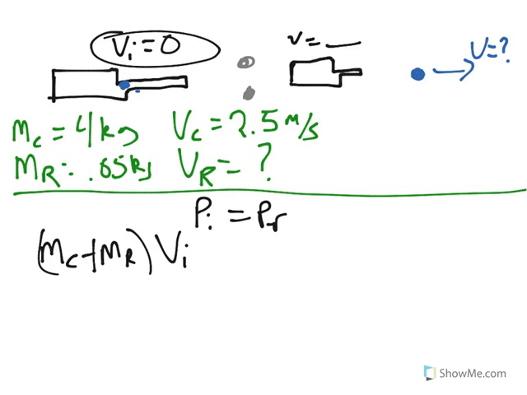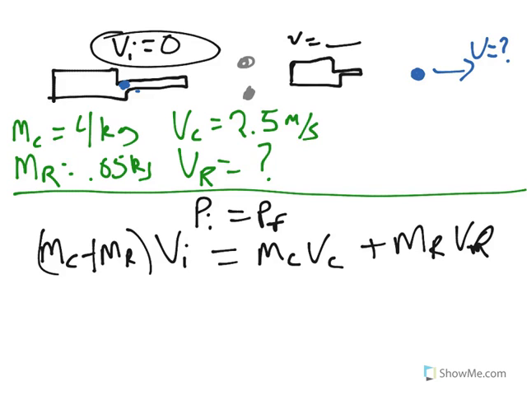So that is equal to the momentum finally, which is equal to the mass of the cannon times the velocity of the cannon plus the mass of the racquetball times the velocity of the racquetball.